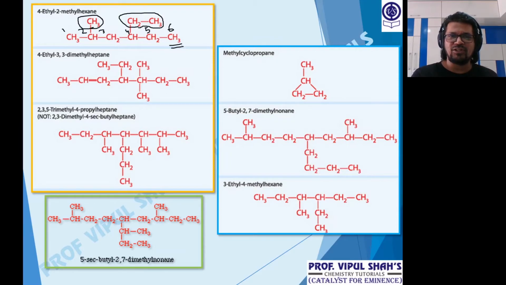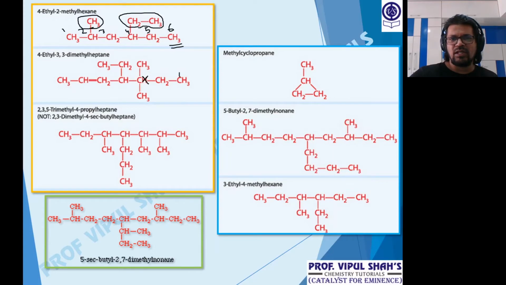Clear, everybody? Understood? Okay. Now the question comes, how do I number the next one? If I go from left, branch comes at 4, but if I go from right, branch comes at 3. So this would be preferred. Now here there's a mistake. If anybody can spot the mistake, this H is extra. Carbon valencies are all satisfied. Okay.